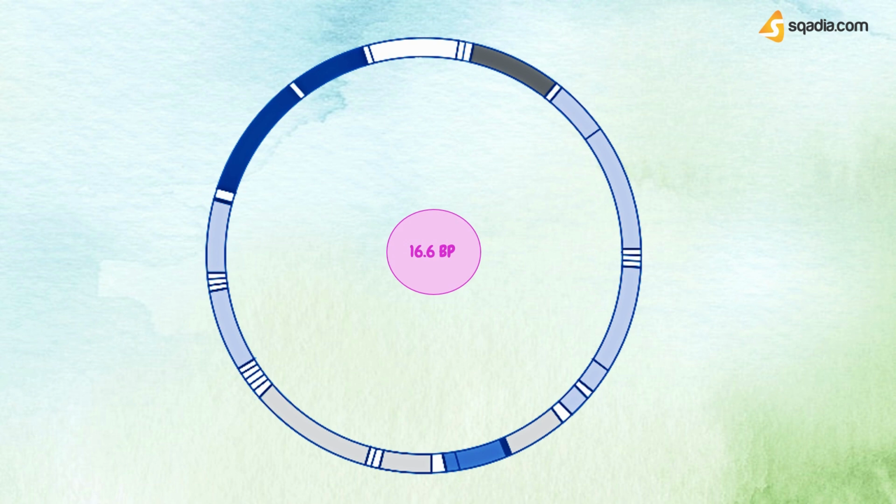Mitochondrial DNA carries the genetic information for 2 ribosomal RNAs, 22 transfer RNAs, and 13 proteins. The complete nucleotide sequence of human mitochondrial DNA is known.